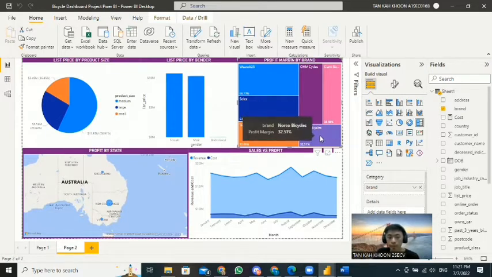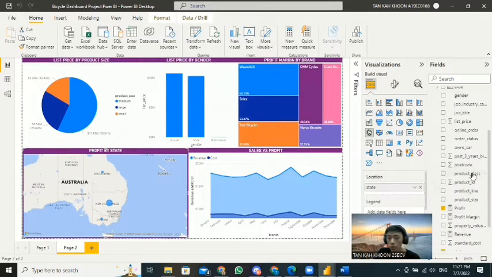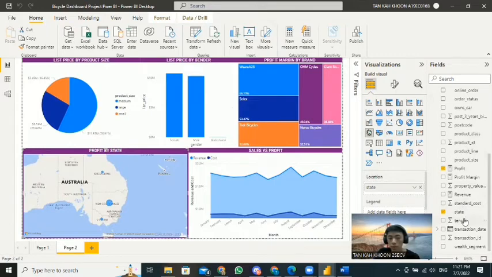The fourth graph is the profit by the state, which uses profit and state as the domains. We can see that the state with the highest profit is New South Wales, second is Victoria, and last is Queensland.